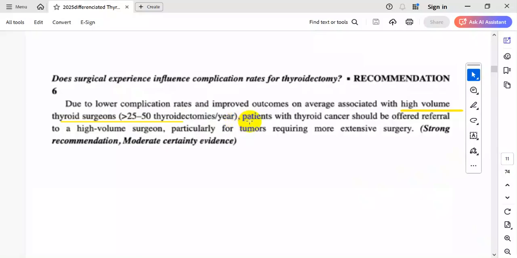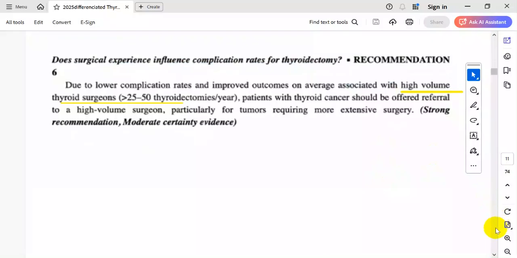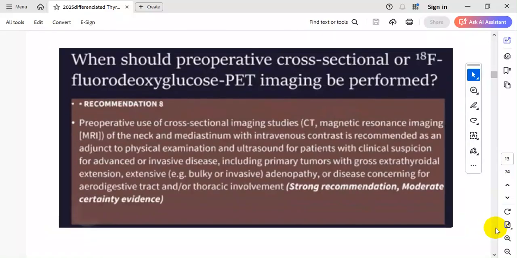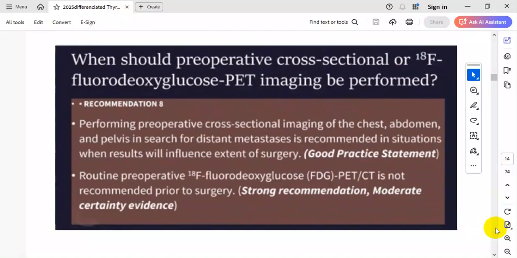So it is very important to know a highly qualified, high volume surgeon who does more operations, with more experience, but sometimes more operations, more mistakes. So that's why some patients are doing only active surveillance. Some patients must have more aggressive escalation, especially in aggressive subtypes.